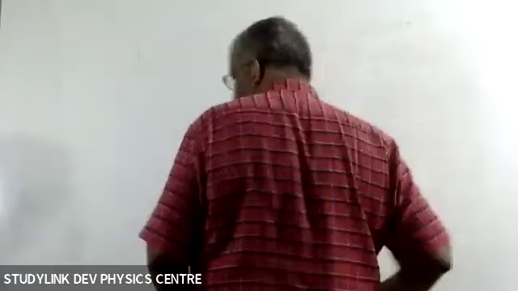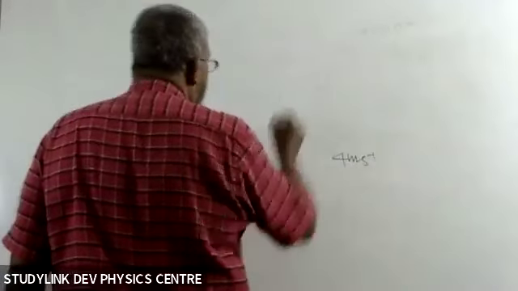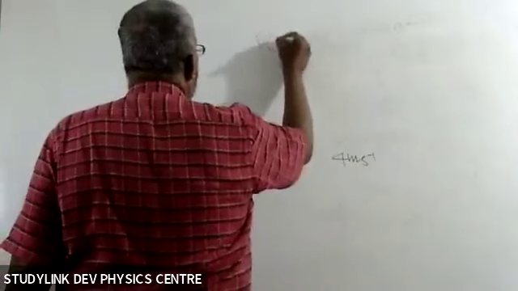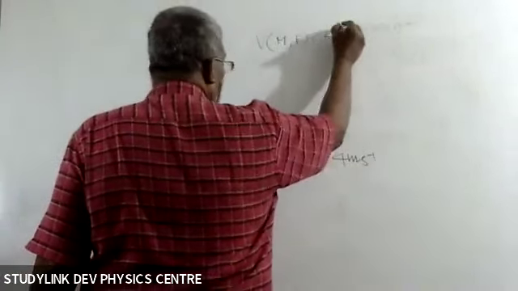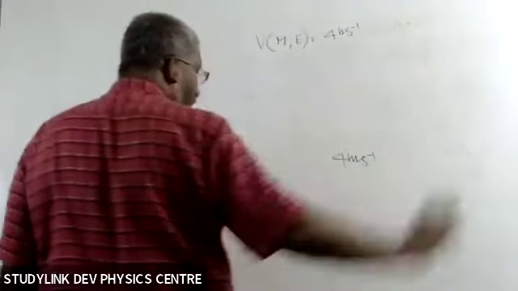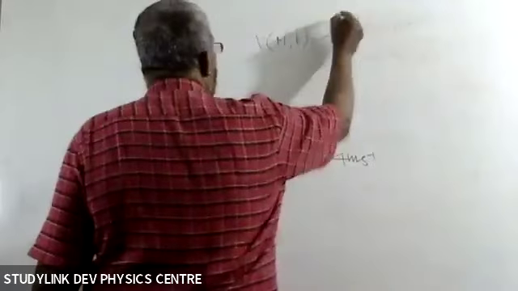A man is walking towards west with a speed of 4 m s^-1. The velocity of the man relative to the earth is 4 m s^-1. Note down the question. Towards west.